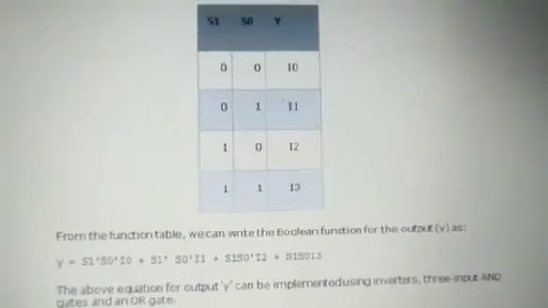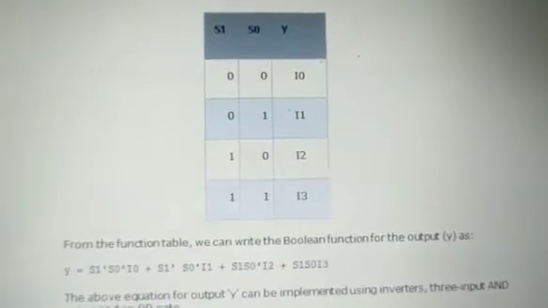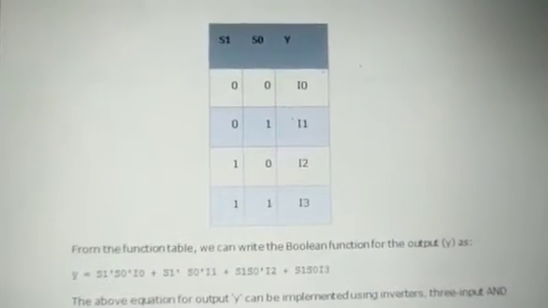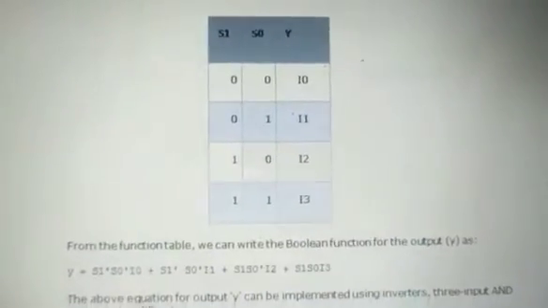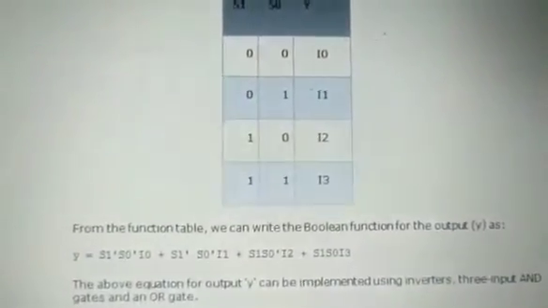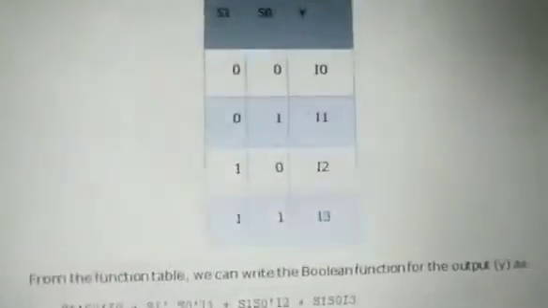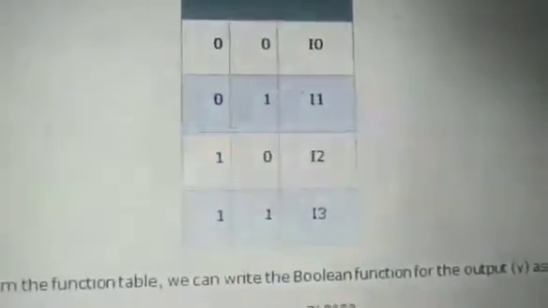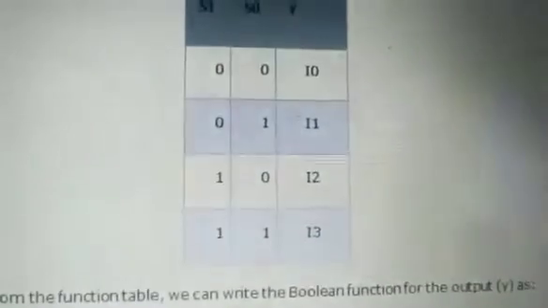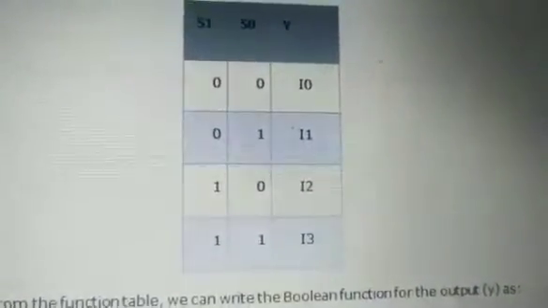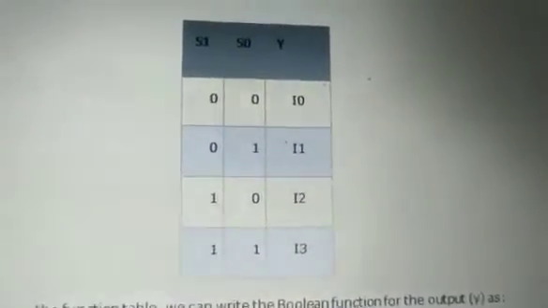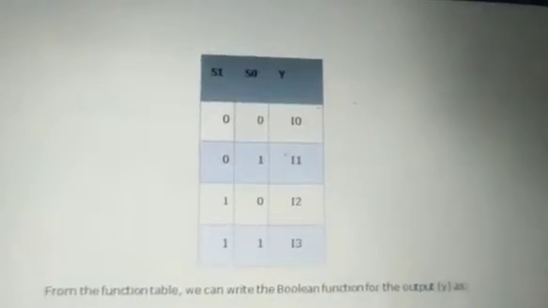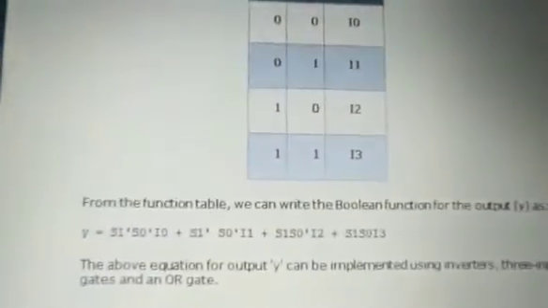In the second case, if S1 is 0 and S0 is 1, then the second input will be selected. For the third case, if S1 is 1 and S0 is 0, then only I2, the third input, will be selected. If the select line input is 1, 1, then only the fourth and last input will be selected.